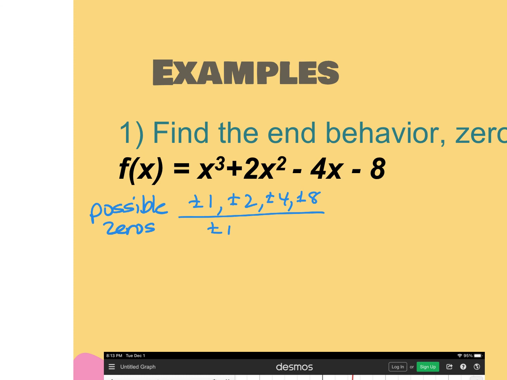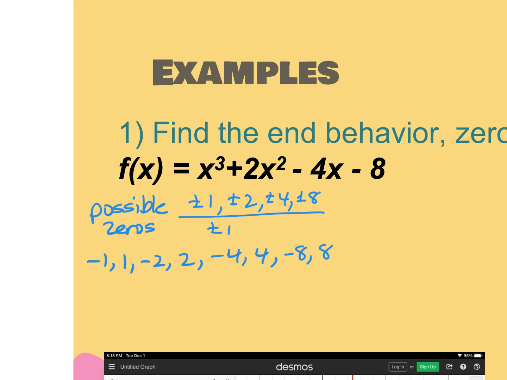So my possible zeros that you would have keyed into WebAssign on Friday or whenever you did the homework would have been -1, +1, -2, +2, -4, +4, -8, +8.